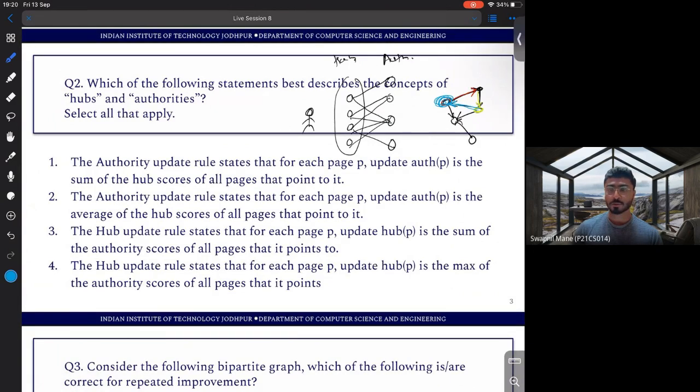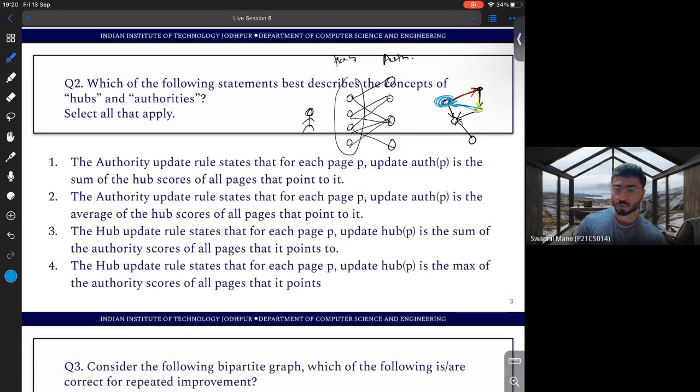Suppose I want to define the hub score for a particular node and the authority score for a particular node. You may understand by now which edges we need to consider for the hub and which for the authority role. For the hub calculation, we need to consider the outgoing edges.